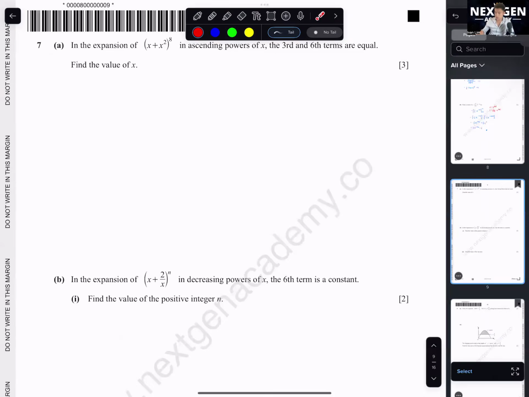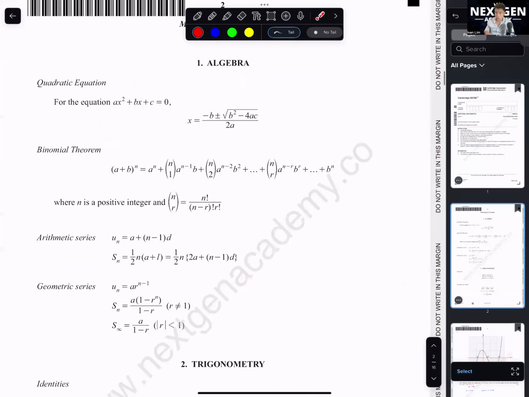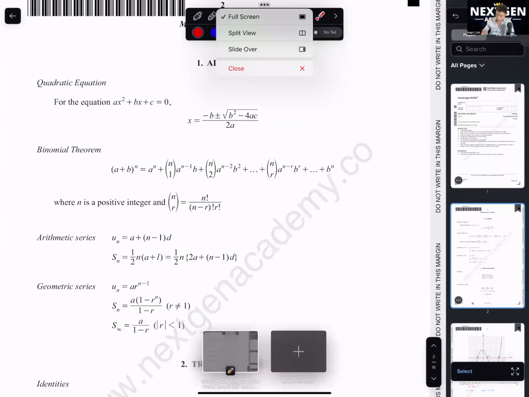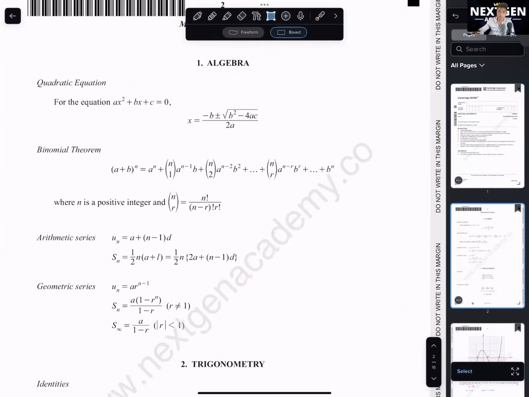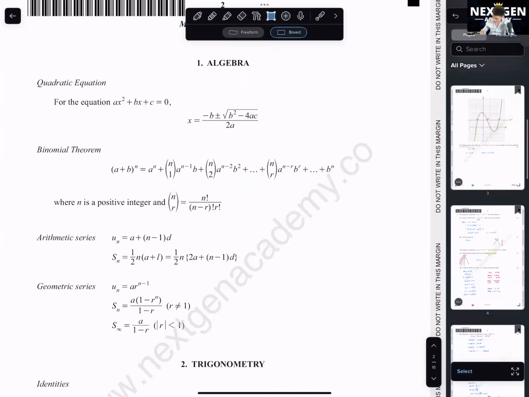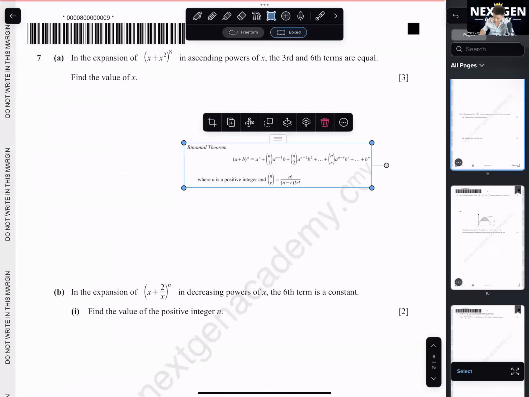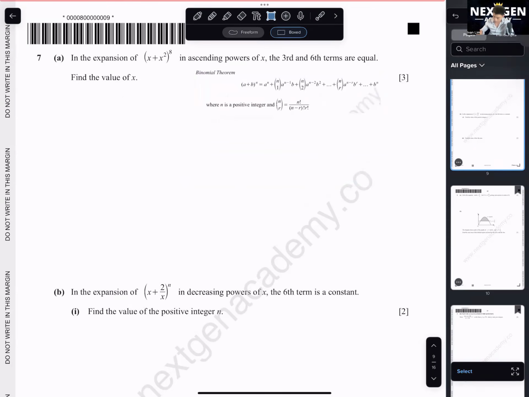Whenever you see this type of question, go to the formula sheet and write down the formula first somewhere on your rough paper or on the question itself. I will copy out these two formulas here first so that we can understand how to apply them.